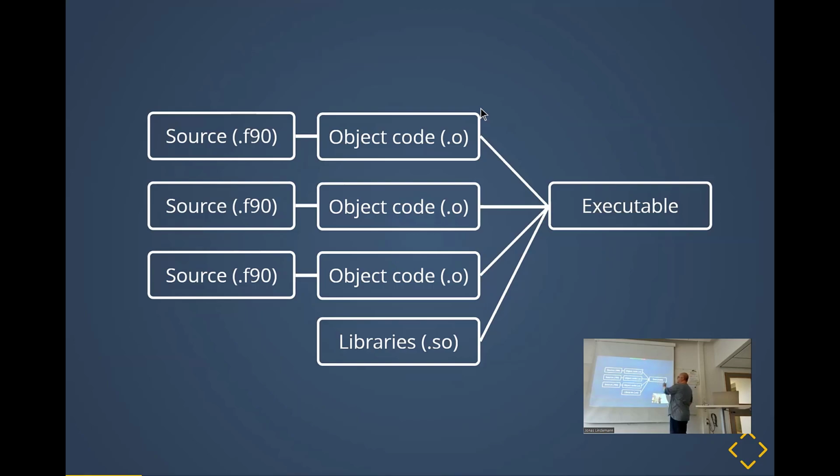This executable has no connection to the source code. It's completely independent. It's just machine code. It has a dependency on the system libraries. If you use dynamic linking, it will load libraries when it runs. You can also create an executable that has static libraries. Then it has no dependency on the system except for the standard C libraries.